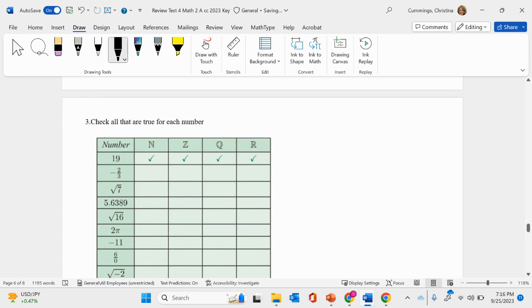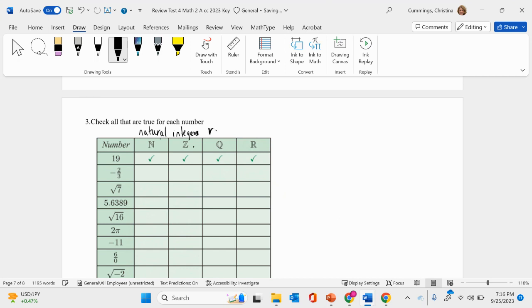So now they're actually reviewing numbers. They want to check everything that's true. Okay. So this negative two thirds, it can't be a natural number because it's negative. It can't be an integer because it is not a whole number, but it is, well, let's just write this up here just in case you forget. Z is integer.